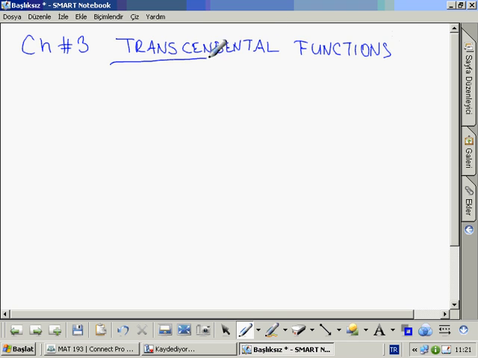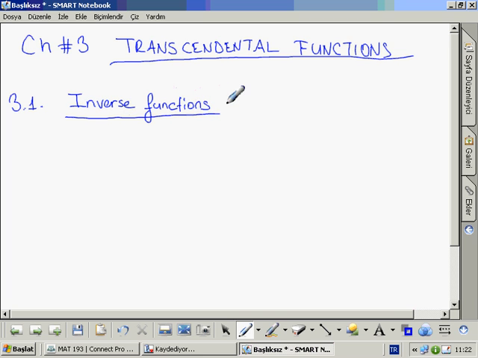Firstly, 3.1, which is the inverse functions.